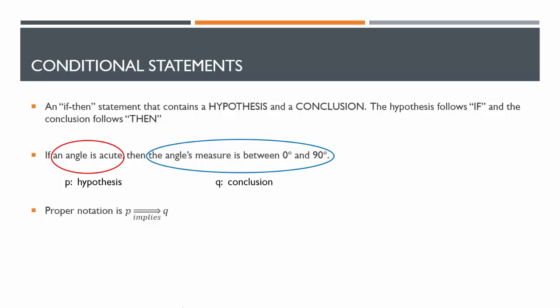The proper notation is P arrow Q, which means that statement P implies that statement Q will happen. Typically, we do not use the word implies, we only use the forward-facing arrow.